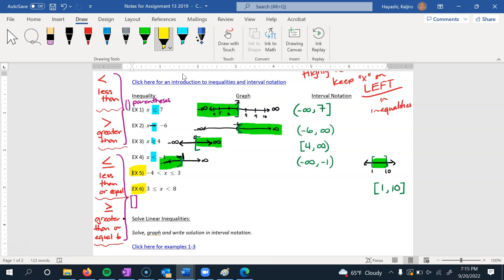However, these are kind of easier than regular inequalities. Even if they might look like they're going to be more difficult at first, they're actually easier.